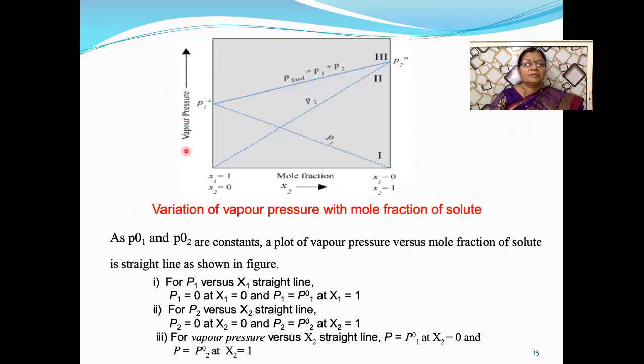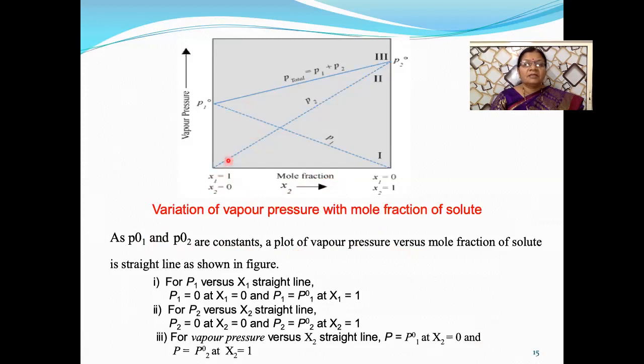Now this is the plot of vapor pressure versus mole fraction of solute. Here the mole fraction of solute is X2, and the mole fraction of solvent is X1. Now we know that X1 plus X2, the sum of mole fractions, is 1. So as P01 and P02 are constants, you can observe the plot is like this.